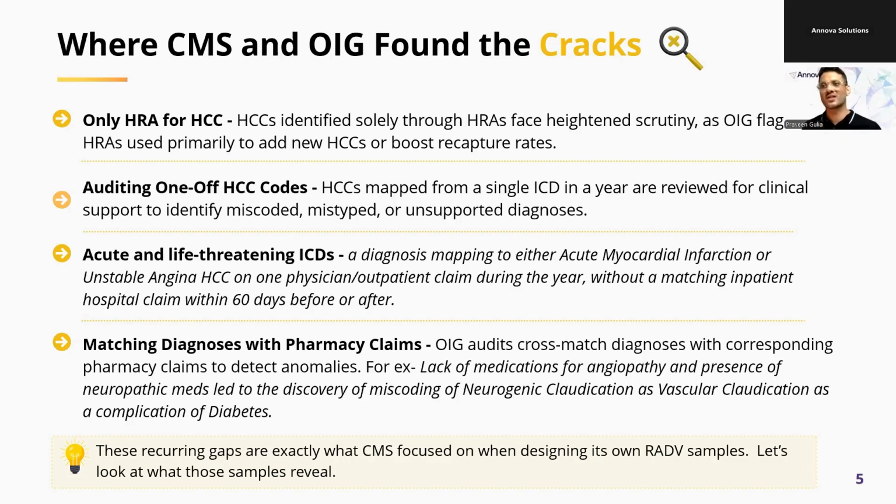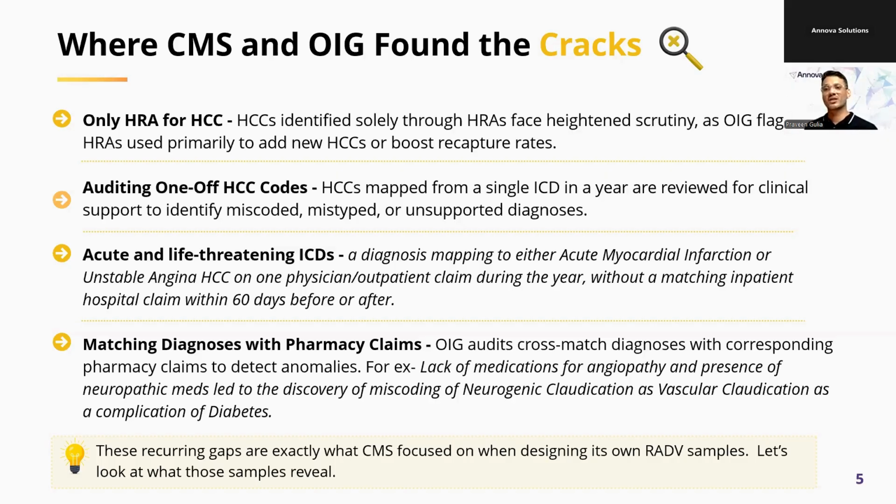These are not conditions that get resolved by seeing a physician just once in a year, right? So this is the main focus of OIG. We'll see in the RADV audit also that this is the main focus, and they build on that. These HCCs which are mapped from a single ICD for the entire year from a physician claim can be miscoded, mistyped, or unsupported diagnoses.